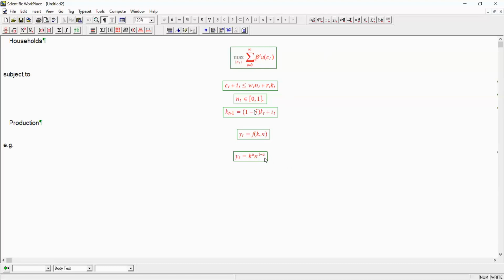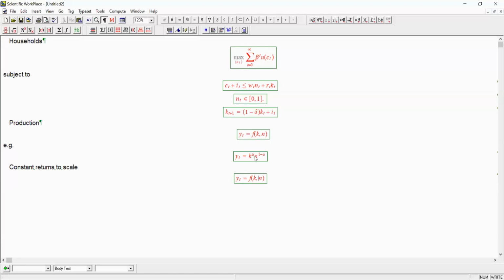The key feature of it is that it features constant returns to scale. In other words, what constant returns to scale means is that if you multiply the amount of capital by some factor, and you multiply the amount of labor by some factor, what you get is that you end up multiplying output by that factor as well.